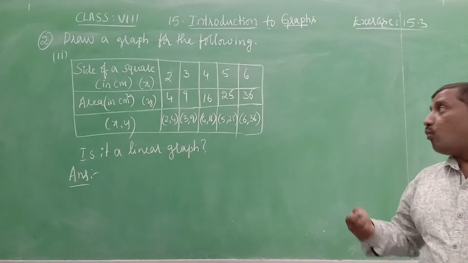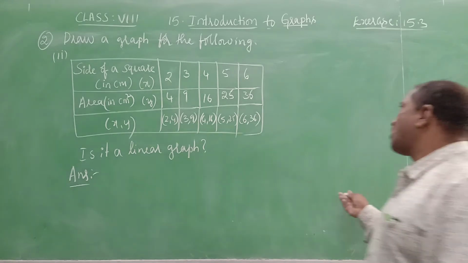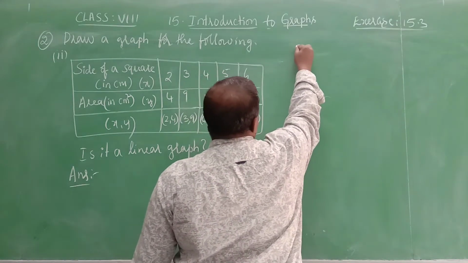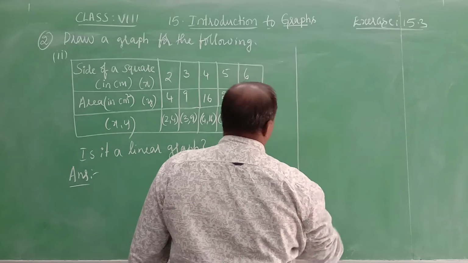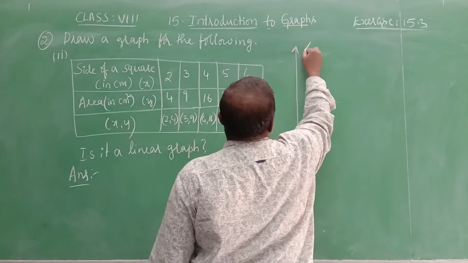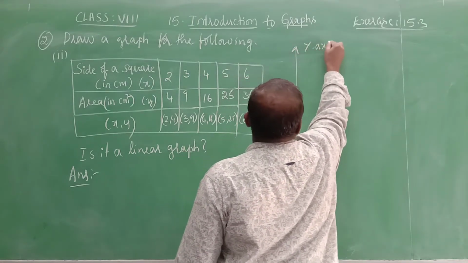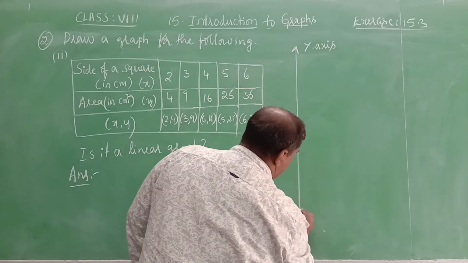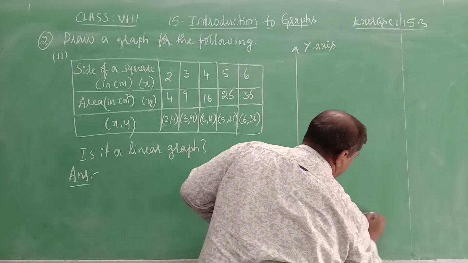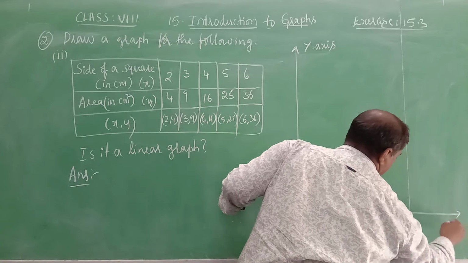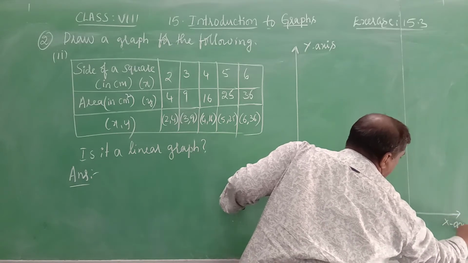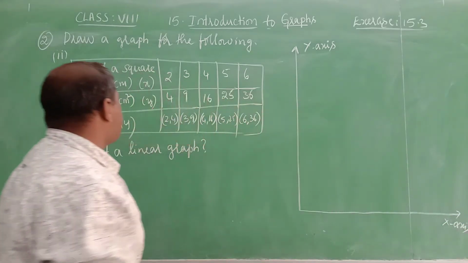Yes. Now, what we have to do? First, we have to draw the vertical axis and the horizontal axis. Let this vertical axis be the y-axis and the horizontal axis be known as the x-axis. Yes, this is the x-axis. And what we will take on the x-axis?